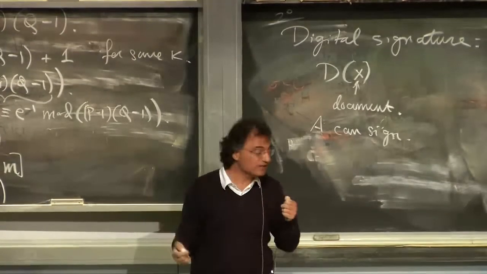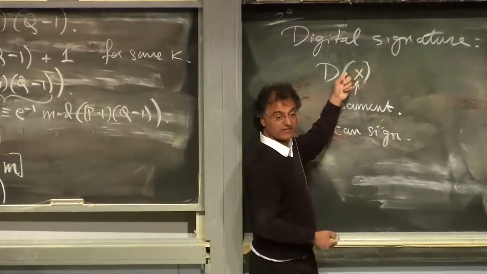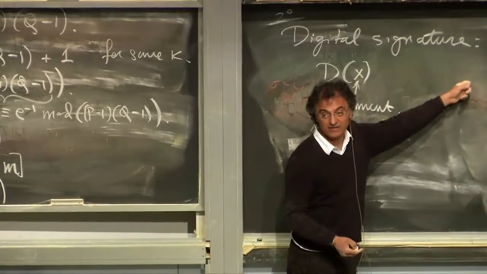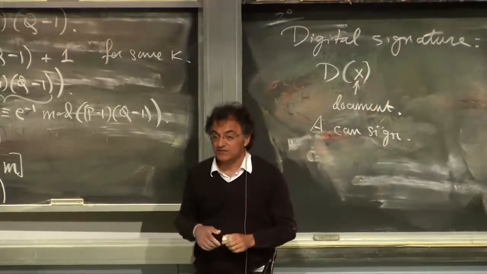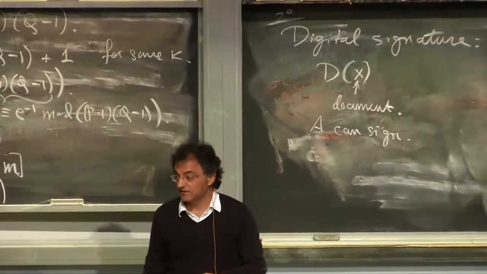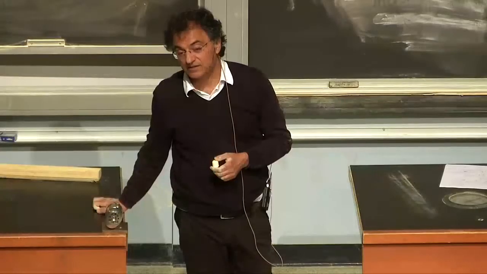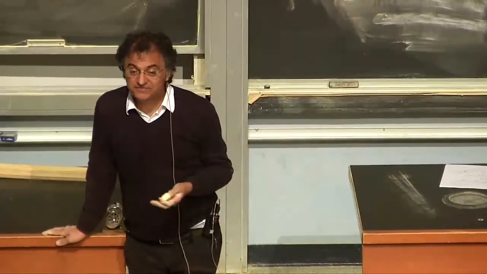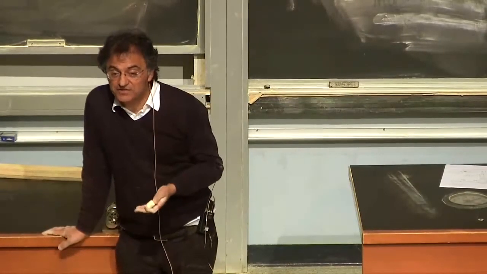So once you know that D of X maps to X under encryption, you know that X maps to D of X under decryption. So you're using the RSA property, that it's a bijection. You're using the decryption as a signature, and then the encryption is the verification of the signature.